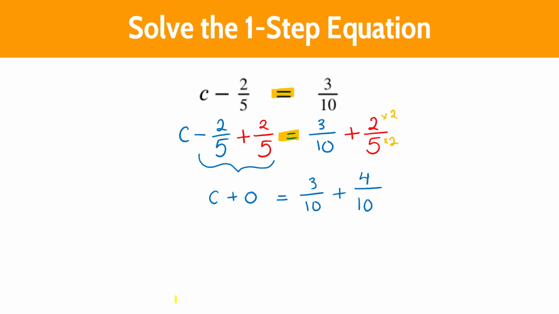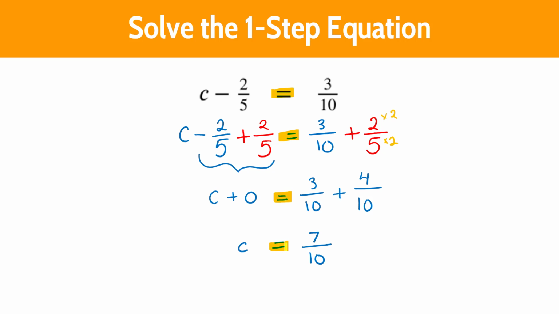On the left-hand side, c plus 0 is the same thing as c. So c is equal to, add my fractions, I'm going to add my numerators. 3 plus 4 is 7. So we end up with a c value of 7/10. Again, you get one equal sign per line, and it's always between two expressions.